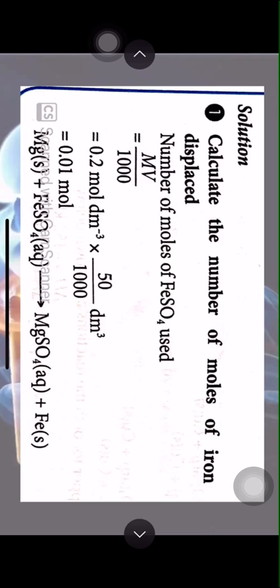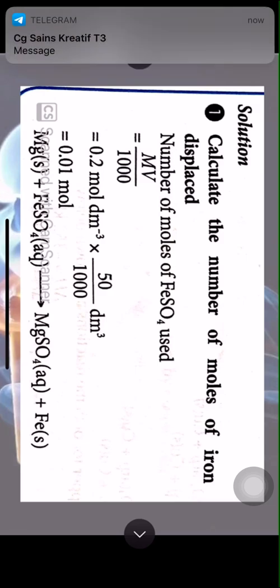So you go back to the electrochemical series to see which metal is the more electropositive and which metal is the least electropositive. Please memorize the electrochemical series. From the equation, 1 mole of iron sulfate produces 1 mole of iron. Therefore 0.01 mole of iron sulfate produces 0.01 mole of iron.